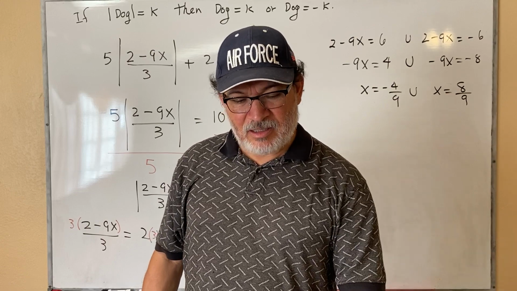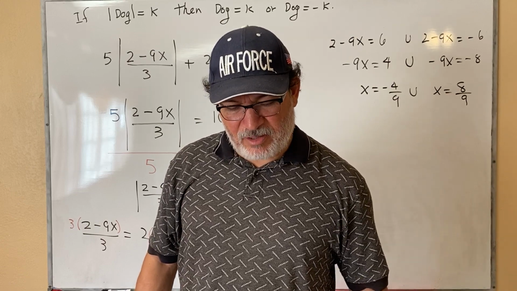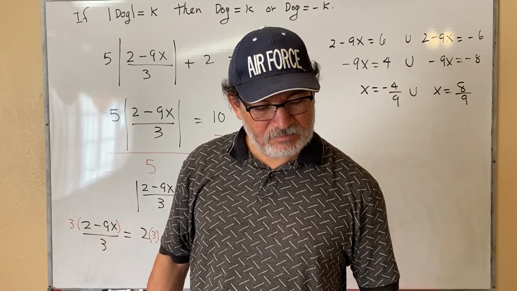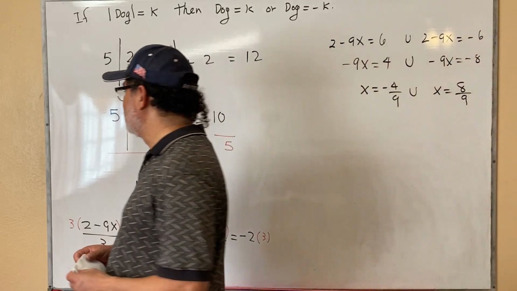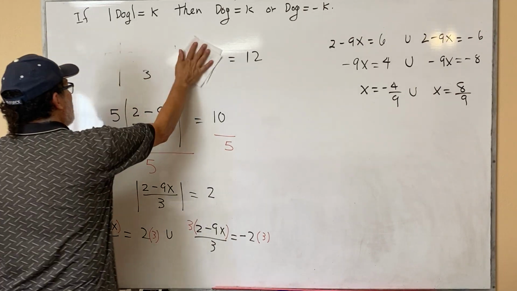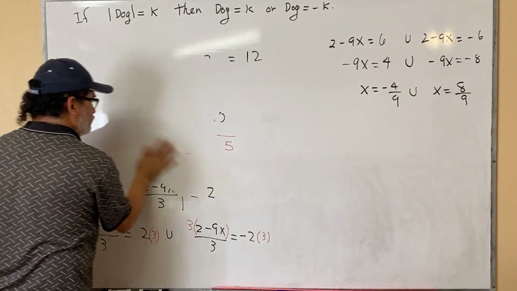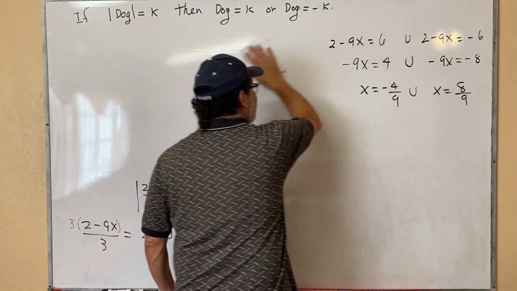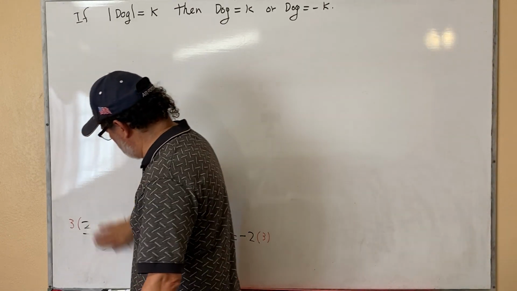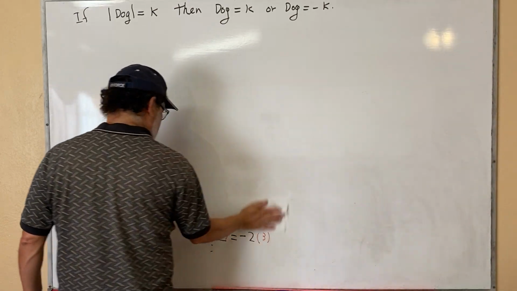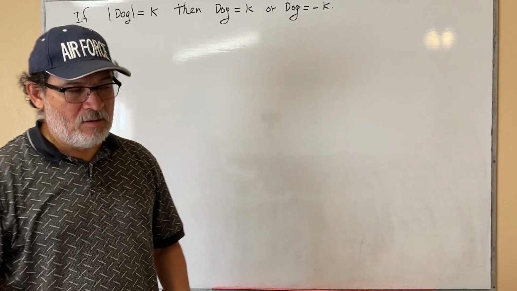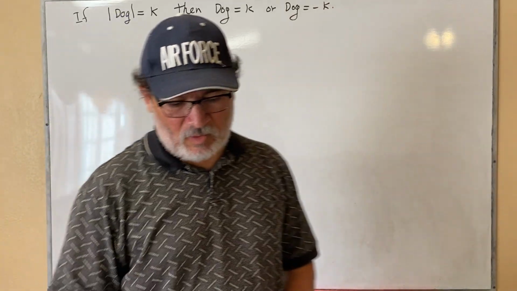Okay. Here is another property. Do they have it here? Yes, they do. Here's another property. Okay? So that's property number 1. Here's property number 2. Property number 2 says the following.